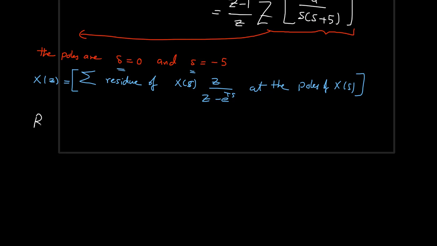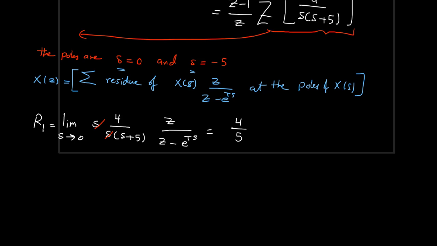So R1 will equal the limit when s goes to 0 of s multiplied by x of s, which is 4 over s plus 5 multiplied by z over z minus exponential of T s. And if we evaluate at s equal to 0, this will equal 4 over 5 z over z minus 1.